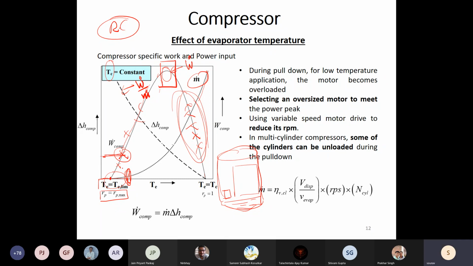But then it will also produce lower capacity. Okay, so we are right now not discussing COP, we are just looking at these two numbers separately. So from here, if you further reduce your evaporator temperature, you will reach here. Your demand on the system will further reduce. But yet the motor will be oversized because of this power peak.